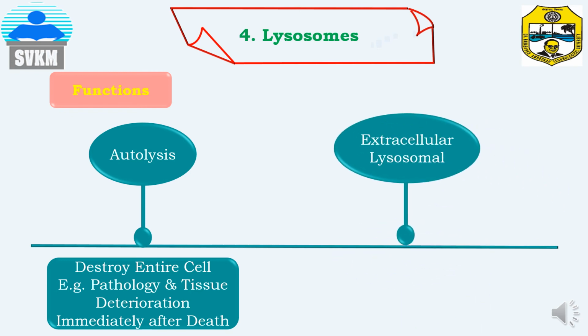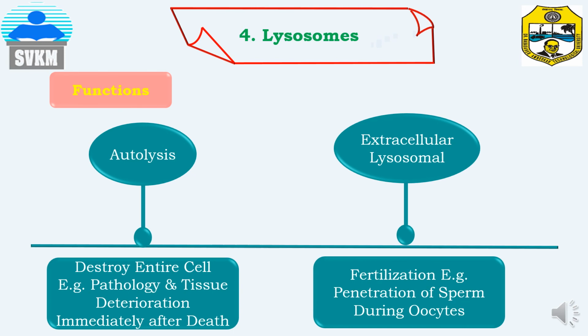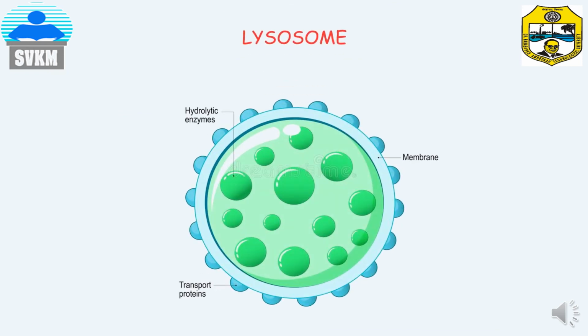There are also some extracellular lysosomes. They play an important role in fertilization, particularly penetration of the sperm during the process. And this is the structure of the lysosome, where you can see the hydrolytic enzymes and transporter proteins within the membrane.